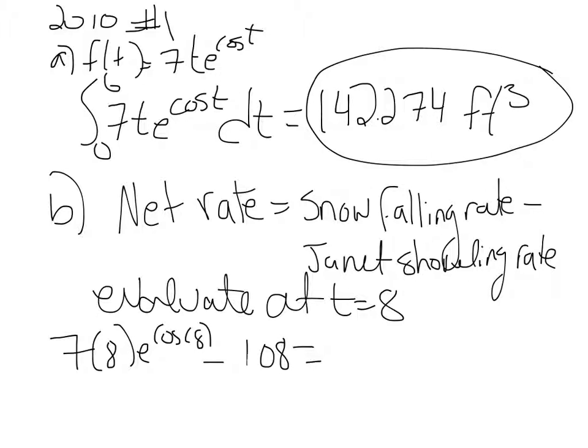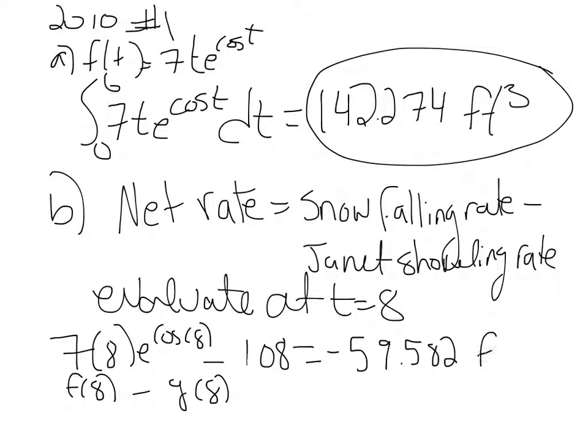So this is f of 8 minus g of 8. And that number is negative 59.582 feet cubed per hour.